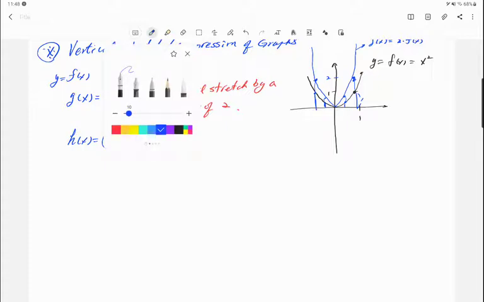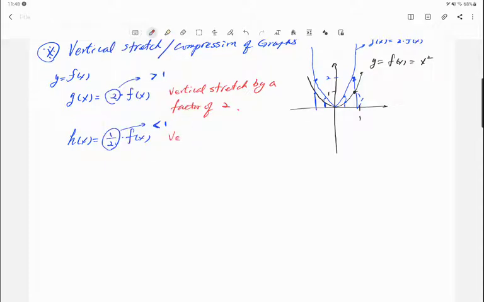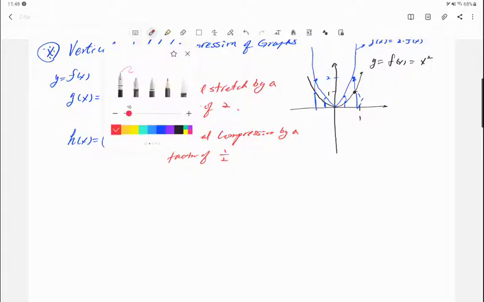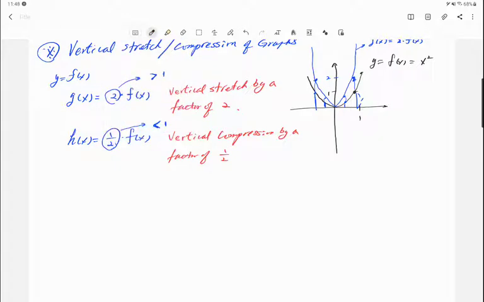Then that is a vertical compression, by a factor of 1 over 2. So, okay, let's have an example, the same example as this one. Let's say the function is y equals x squared.